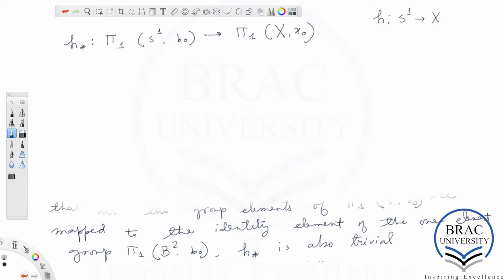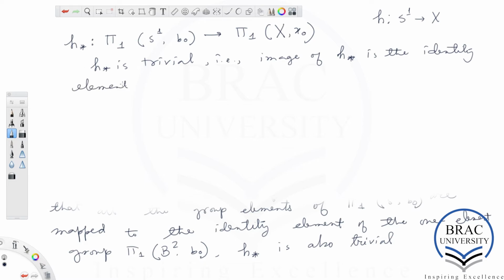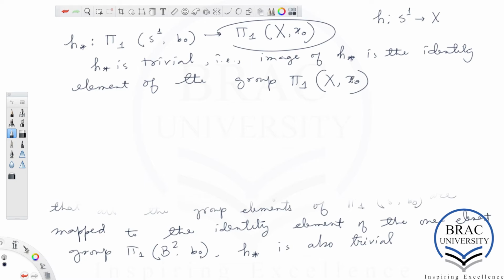We have seen that this is trivial, and that means that the image of H star is the identity element of the group pi 1 X comma X0. Alright, so this way we prove that H star is trivial. This is what we needed to prove, and that establishes that 2 implies 3.